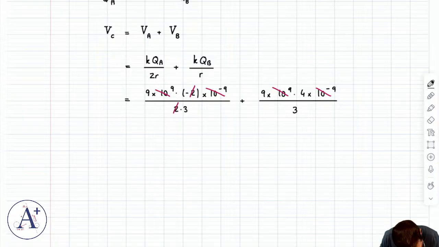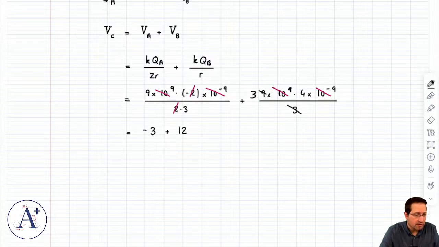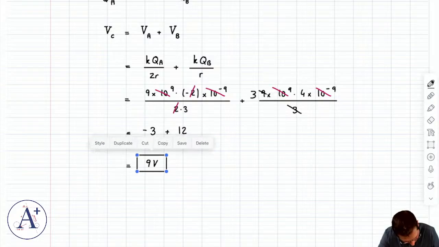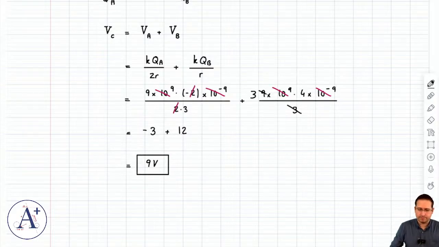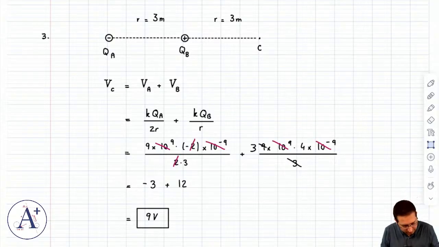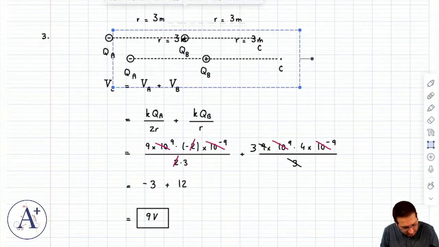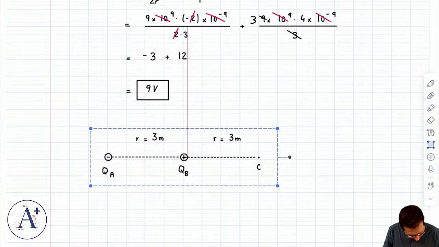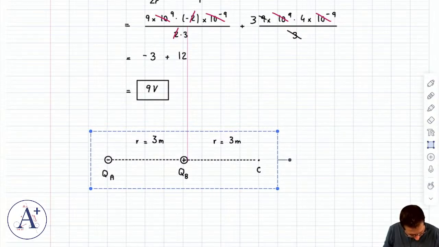And so we're going to get 9 over 3, which is 3, minus 3 because of the minus here, don't forget that. And then plus, well, this is 3, so this is going to be 12. And so we should find 9 volts for the electric potential at point C. That's just superposition, that's all it is. That goes back to what we were saying before. If you have multiple point charges, you just use superposition to find the net electric potential at point C.